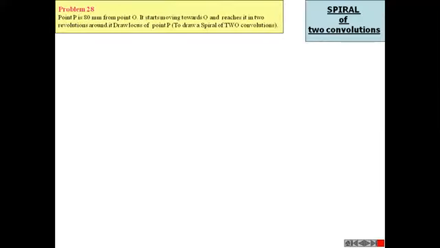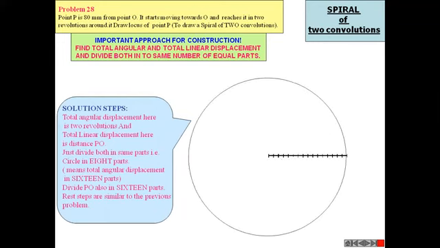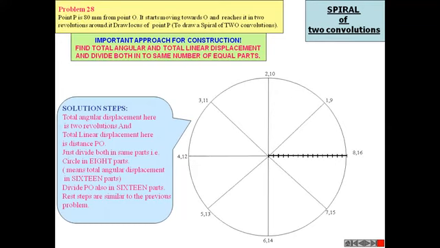Then spiral of two convolutions. The point P is 80 mm from the point O. It starts moving toward O and reaches it after two revolutions around it. Draw the locus of point P. Everybody knows that a 40 mm radius is taken. Then divide this into 16 equal parts. We say that is 1 to 16.